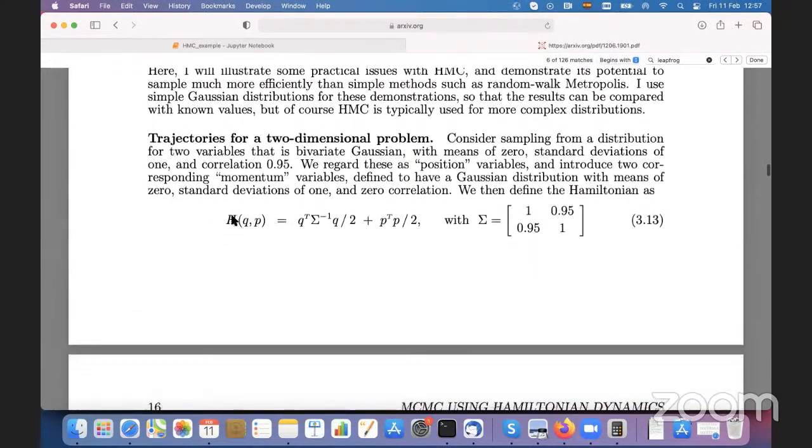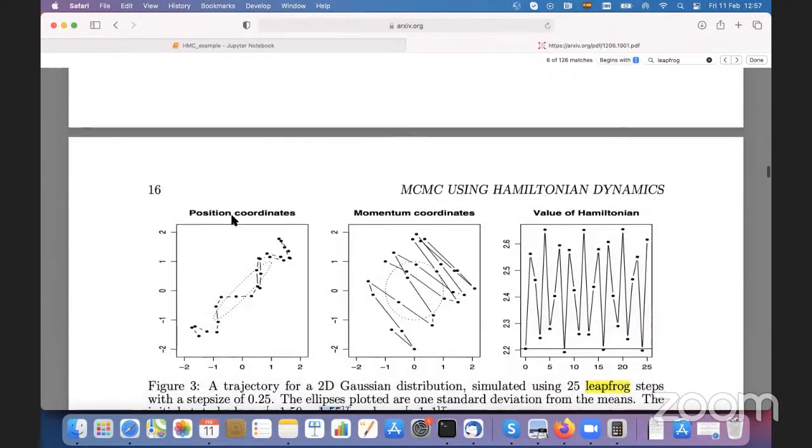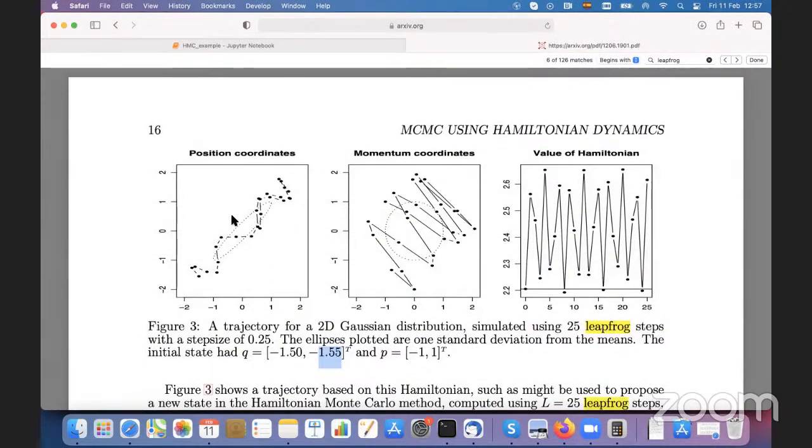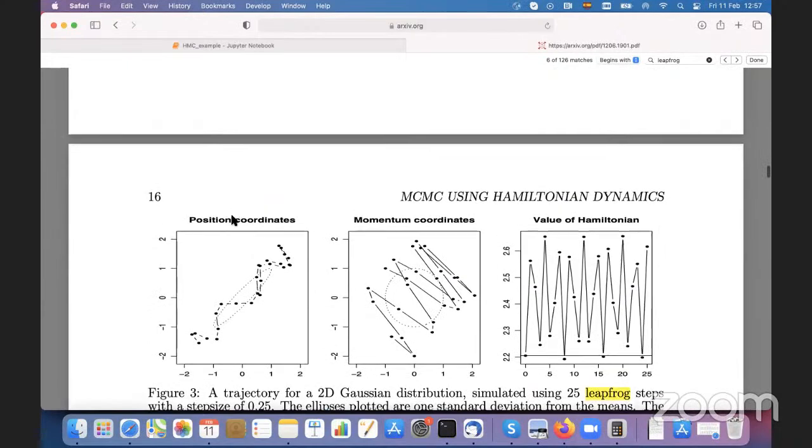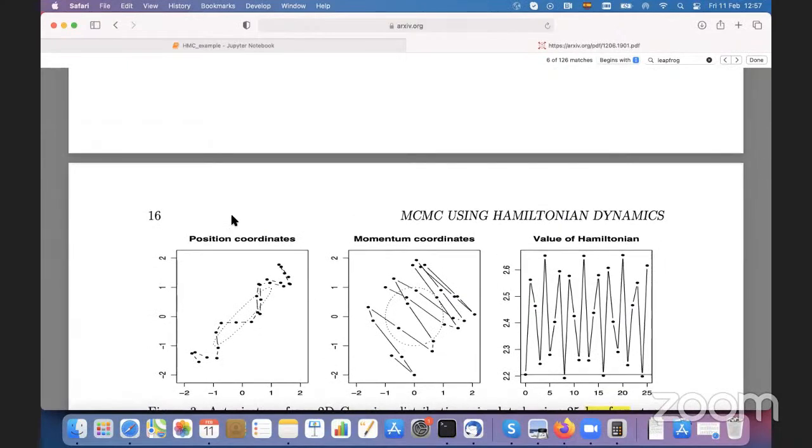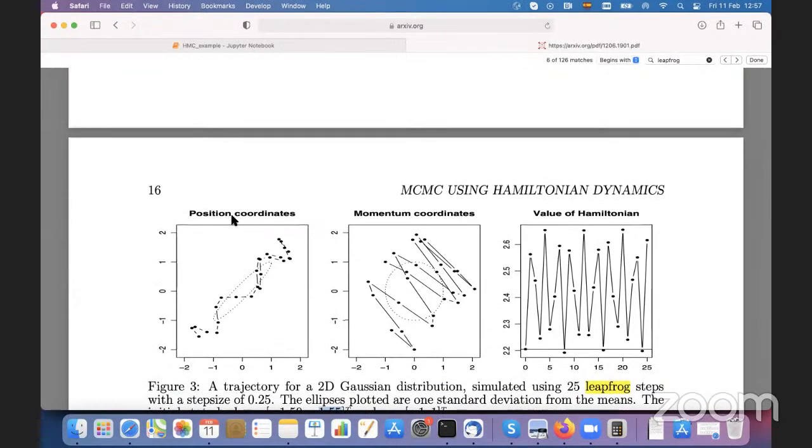I don't want to get delayed in numerical details, but I would like to know if the message has passed, of what the general purpose of HMC is and why it is better than the other methods. So maybe I stop here, and if there is any question, we can discuss.